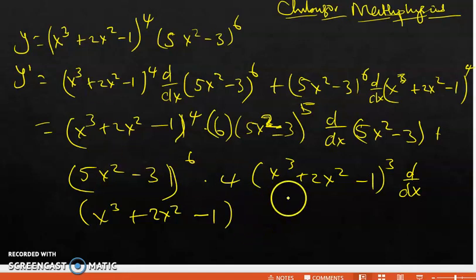This will be multiplied, this is 3, and this will be d over dx.